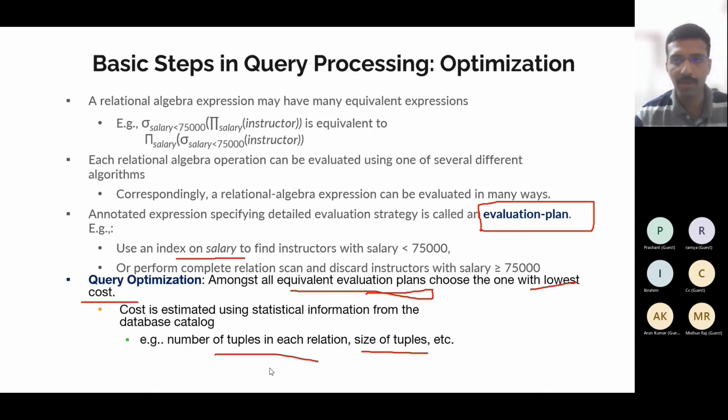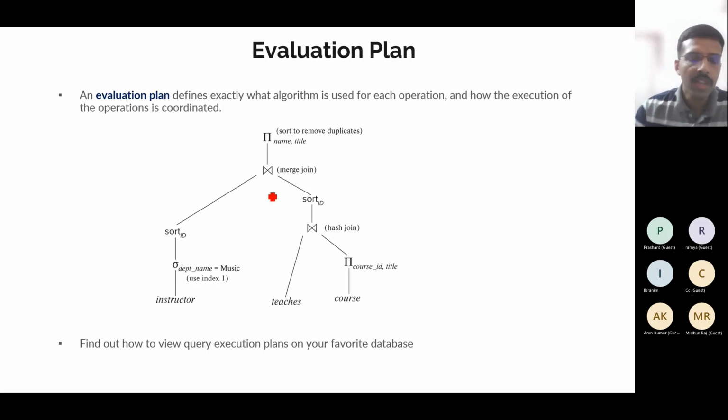So let's see an example of an evaluation plan. Suppose I am working with instructor, teacher, and course. I am doing a merge join, and I want some ID. I will try to split my entire execution into individual steps.